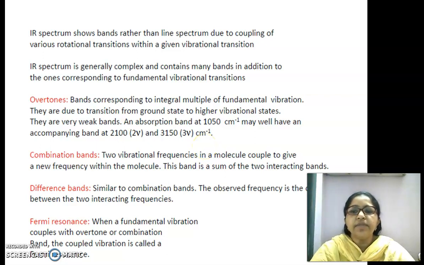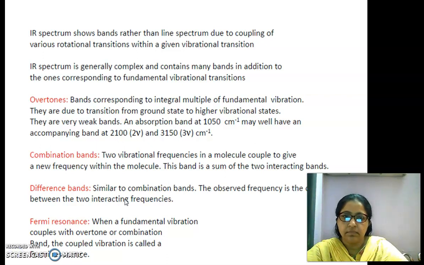Now combination bands: two vibrational frequencies in a molecule couple to give a new frequency within the molecule.